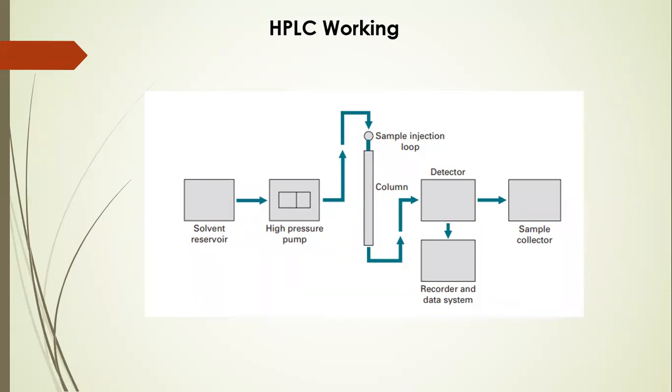Just before the HPLC column, there is a sample injector which allows introduction of the sample into the column. In order to detect the sample coming out from the column, an HPLC detector is attached after the column.